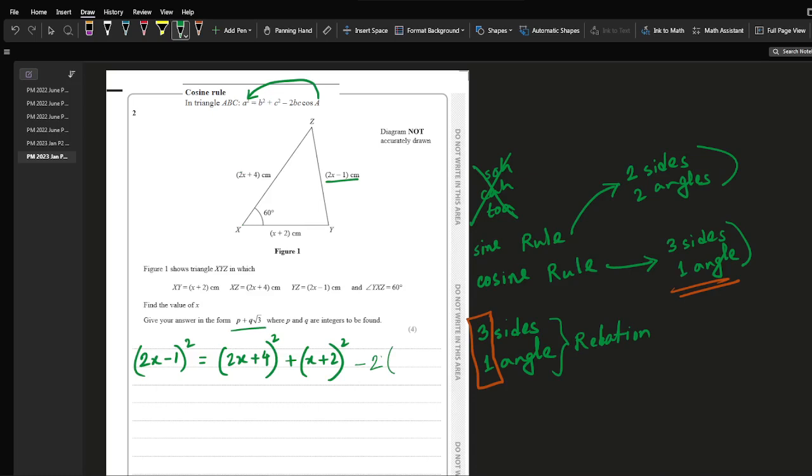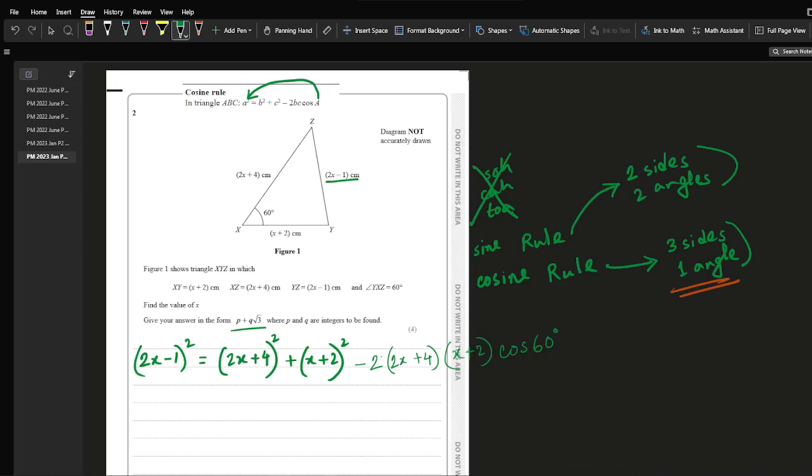So b and c are the remaining two sides, it does not matter in which order you write them. 2x plus 4 into x plus 2, into cos 60 degrees.